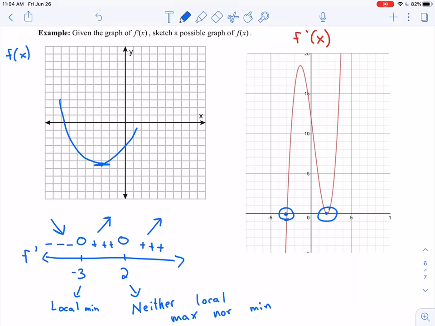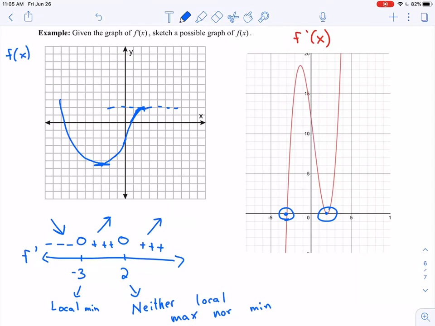But the behavior is going to be slightly different. My graph needs to, in a way, level out. Let me draw in what that might look like. Once I get to 2, my graph is going to level out, and that's even a little bit drastic for what I want to do. My graph is going to level out just for a second, and hopefully we see that horizontal tangent line right there. But instead of going back down like we would expect with a local maximum, this time the function continues to increase on the right-hand side.